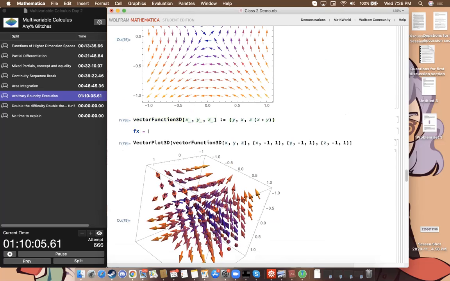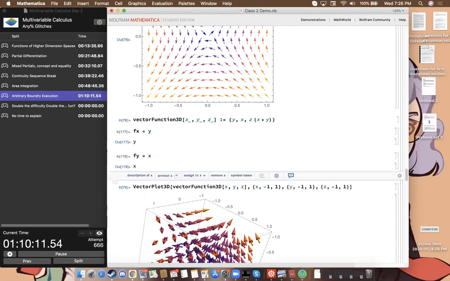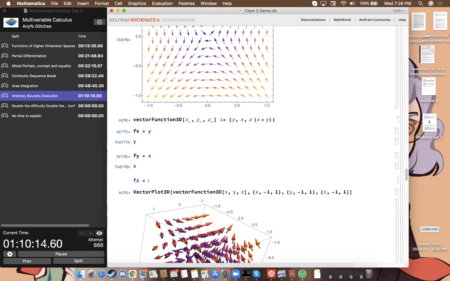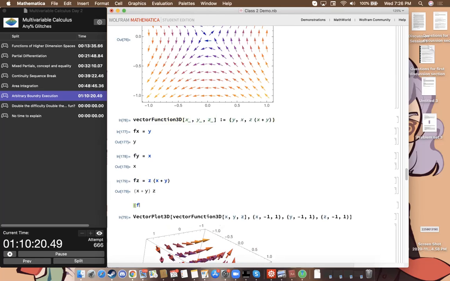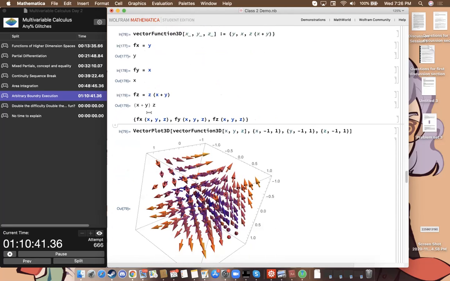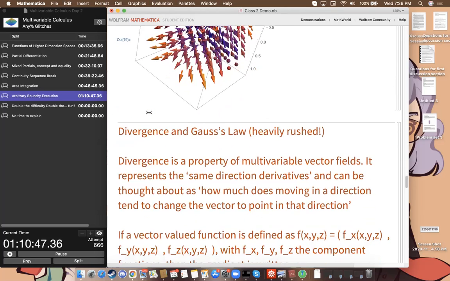So we have fx equals y, fy equals x, and then fz equals z times x plus y. And then our overall function is just fx, fy, fz. And now each of these is itself a function of x, y, and z. And so you just have a bunch of multivariable functions in a vector, and you can get a vector function. Nice, and it's simple eventually, I promise you.